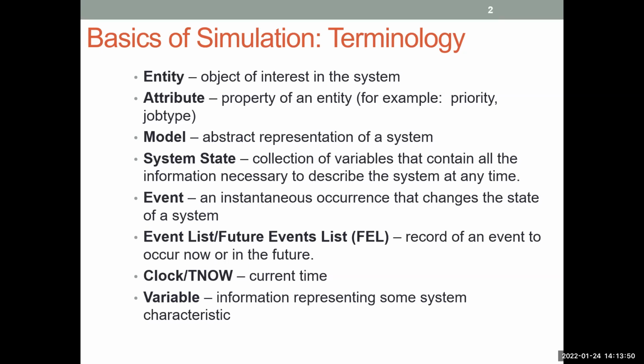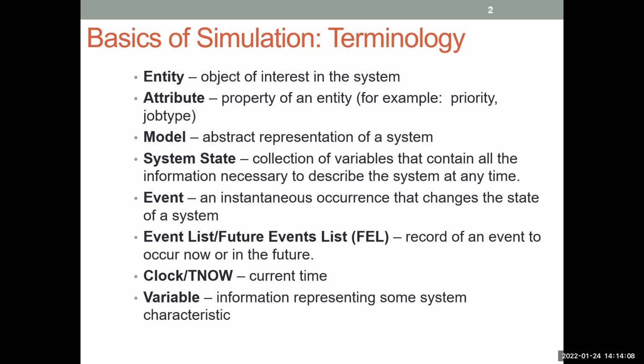A system state is a collection of variables that contain all the information necessary to describe the system at any time. So a system state is typically associated with the resources that we have available in the system.